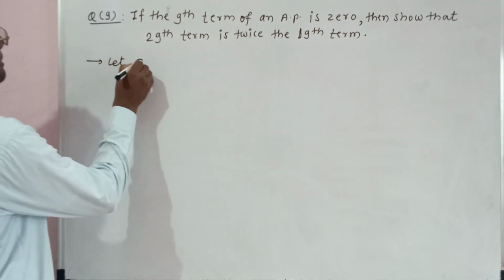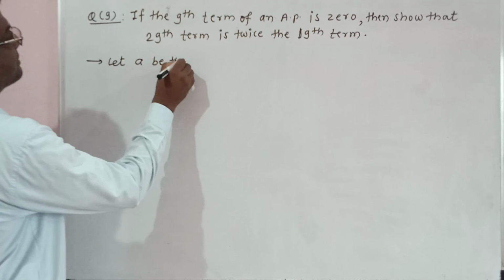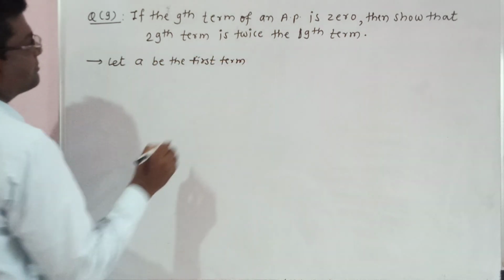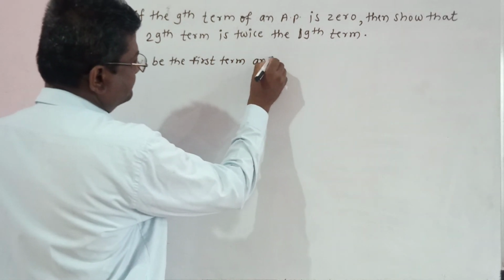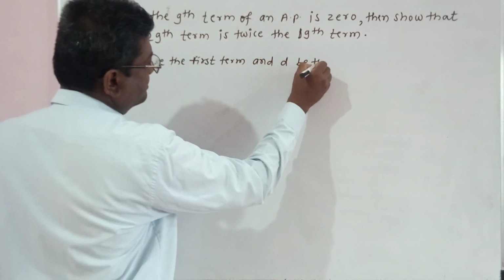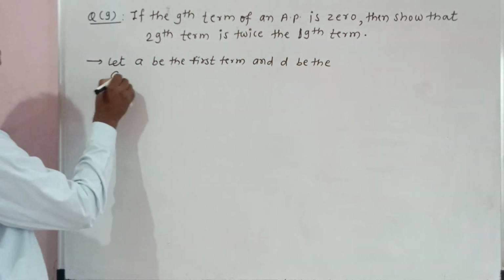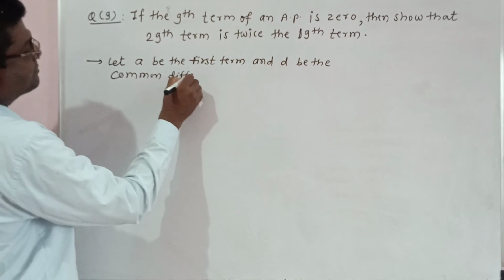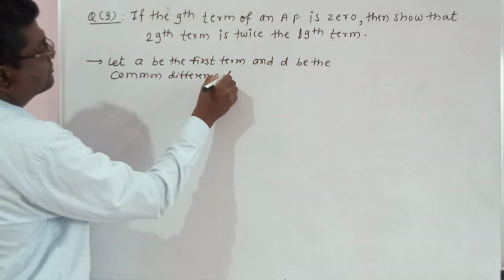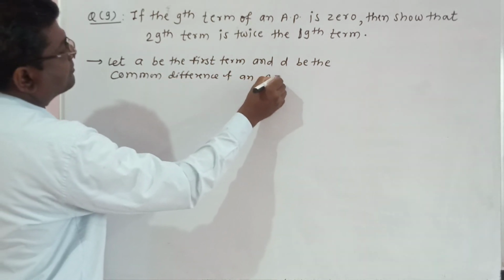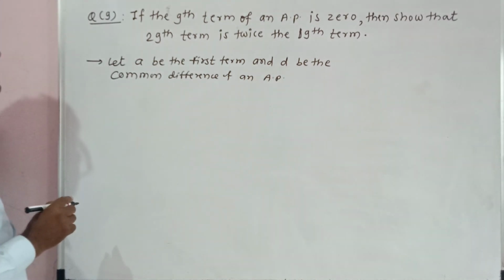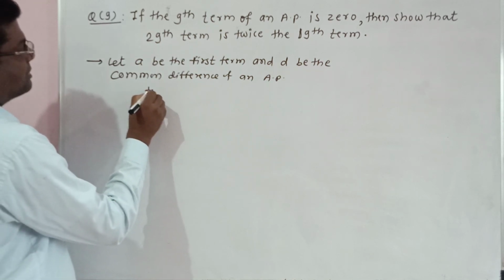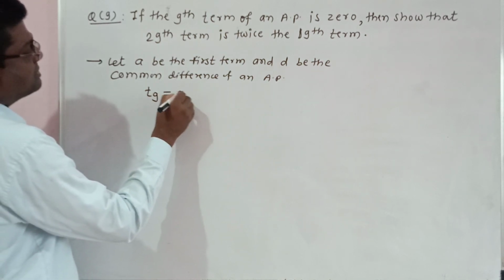Let A be the first term and D be the common difference of AP. Now we have given ninth term of AP is 0. That is T9 is equal to 0.